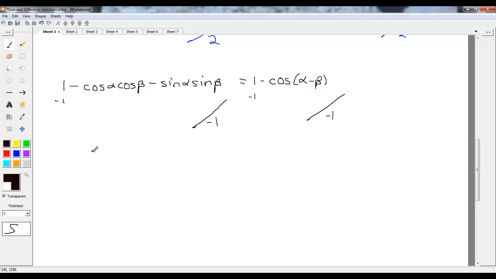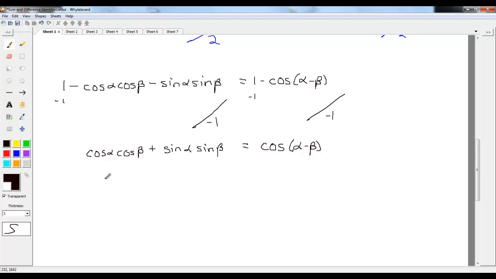You end up with cosine alpha cosine beta plus sine alpha sine beta equals cosine of alpha minus beta. And there, my friends, is one of your first sum and difference identities.